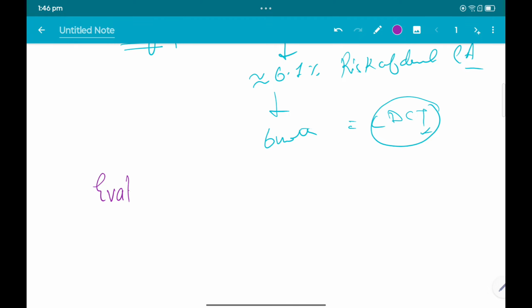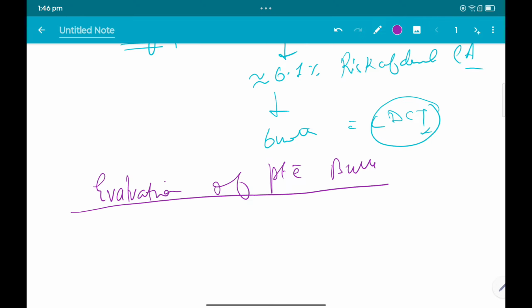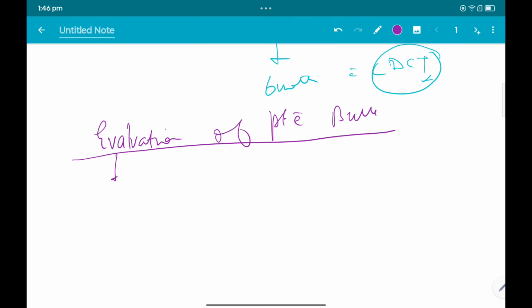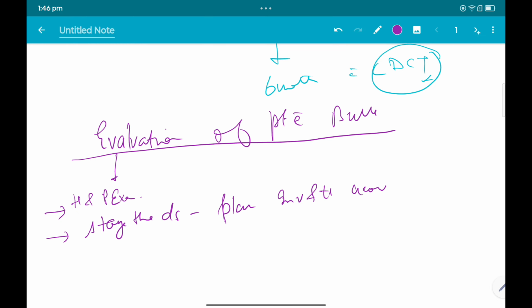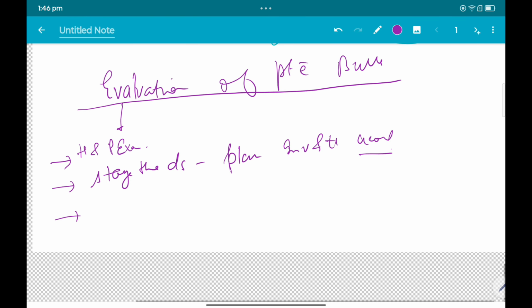Evaluation of a patient with bulla. First of all, as in all diseases, we'll have a history and physical examination. Then we will stage the disease and plan investigation and treatment accordingly. Okay. So what are the tests that we are going to do?